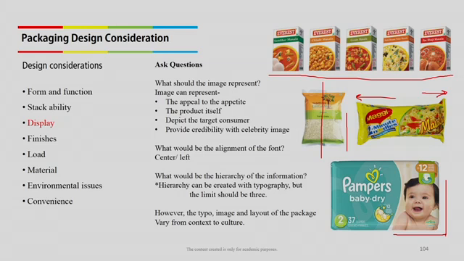The hierarchy can be created with typography, but the limit should be 3. For example, in this case 1, 2 and 3 different kinds of fonts have been used. However, the typography, image and layout of the package vary from context to culture.